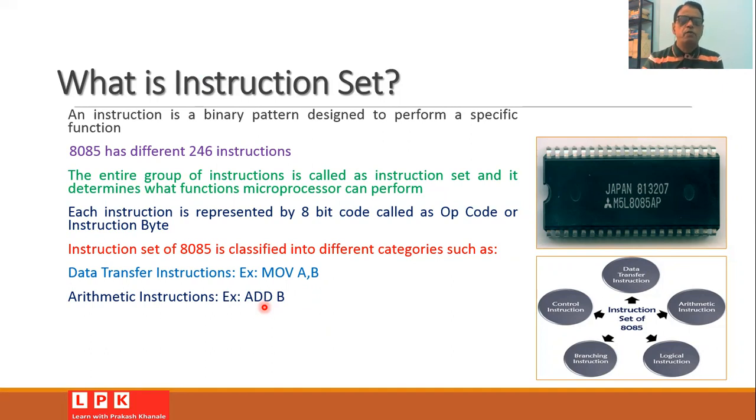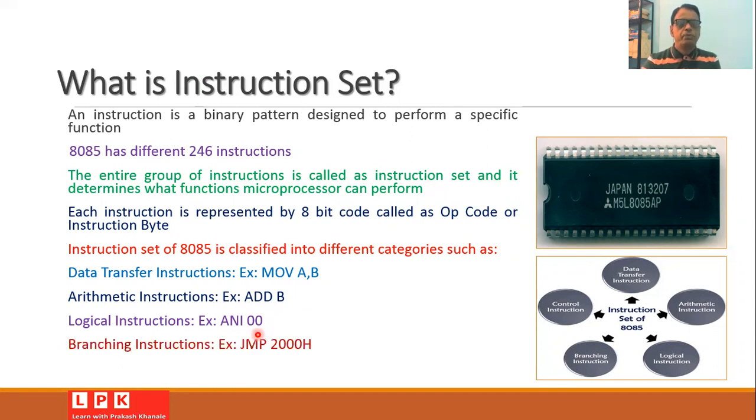For example, when we use the instruction ADD B, then we are making use of an arithmetic instruction. Logical instructions are used to perform logical operations such as AND, OR, NOT, XOR. For example, when we write an instruction such as ANI 00, this type of instruction is called a logical instruction.